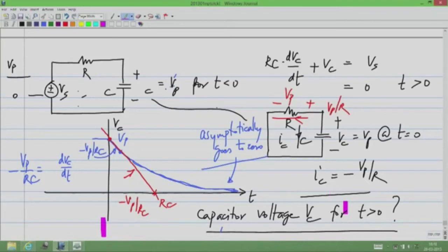Okay. So now, what do you think this shape is? We have done it intuitively and graphically, but we have to also be able to write a formula, an expression for Vc as a function of time. So what is that function? Any guesses for what that is?